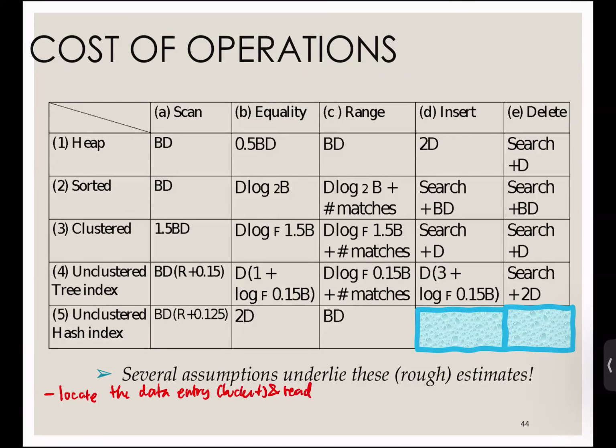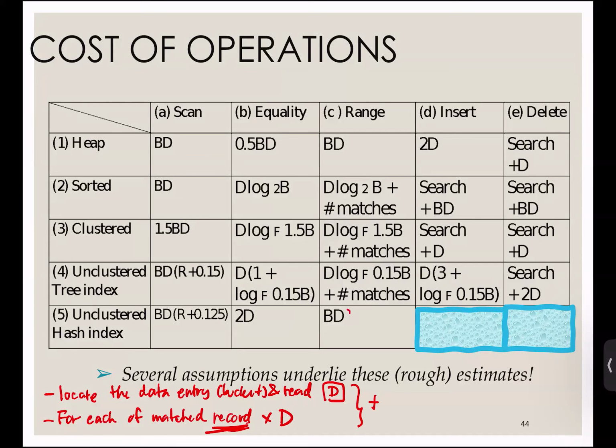Locate takes you 1, and then read takes you D time. And then for each of the matching records, you have to multiply by D, and then you add them up together.